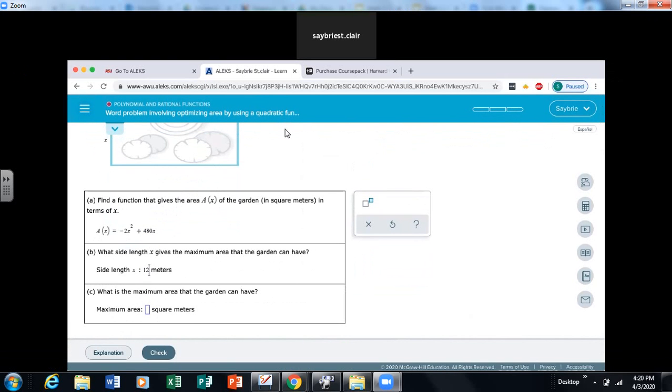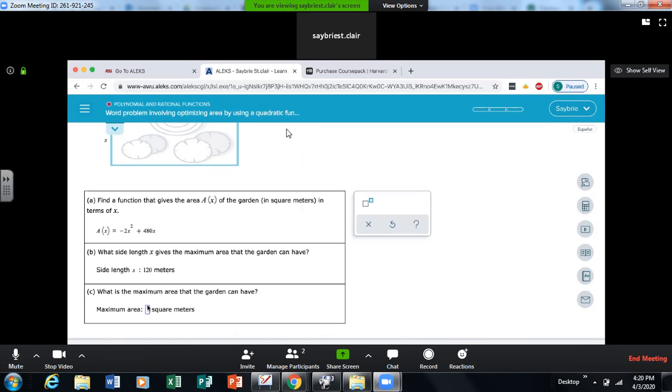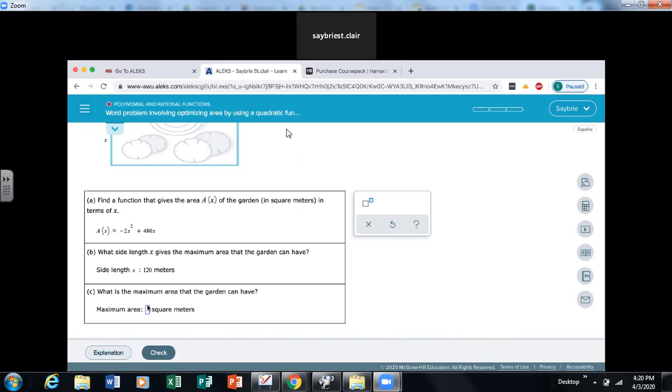That's for x. And now if I take that 120 and plug it into the function, it gives me negative 2 times 120 squared plus 480 times 120.